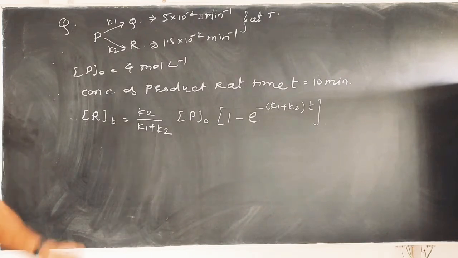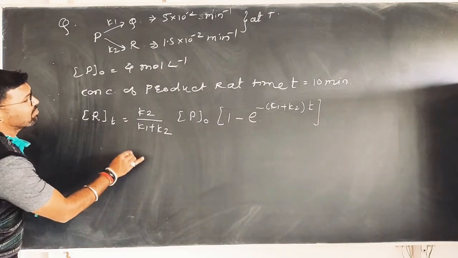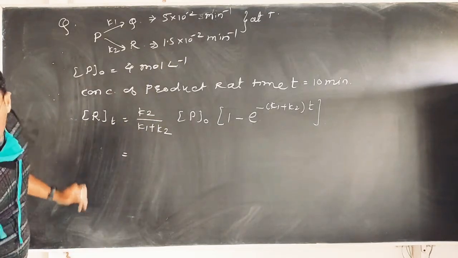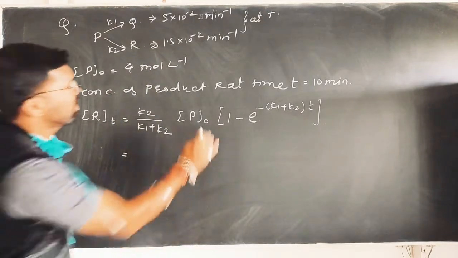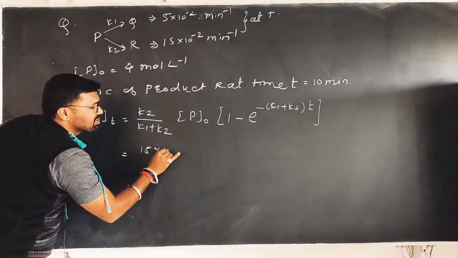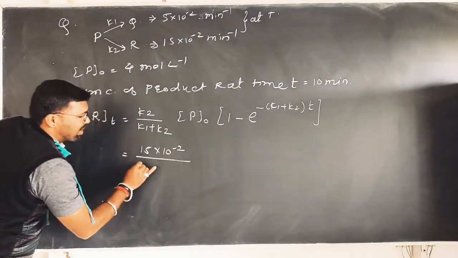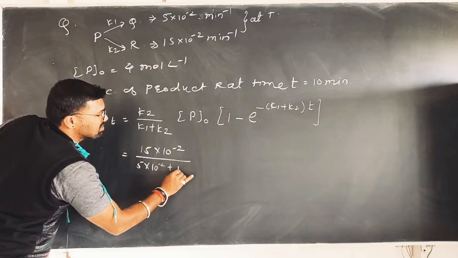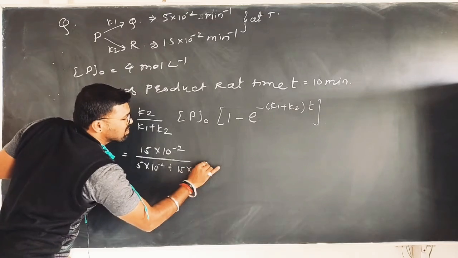By putting in the values, what is the value of K2? K2 is equal to 15 into 10 raised to minus 2, divided by 5 into 10 raised to minus 2 plus 15 into 10 raised to minus 2.